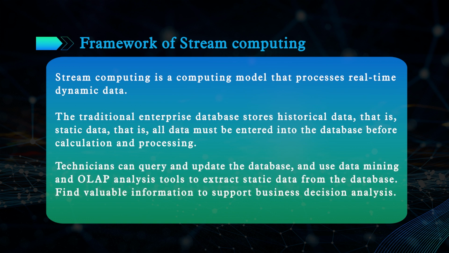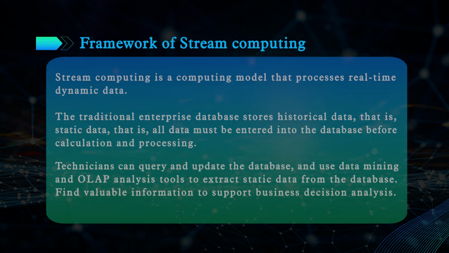Technicians can query and update the database and use data mining and OLAP analysis tools to extract static data from the database, find valuable information to support business decision analysis.